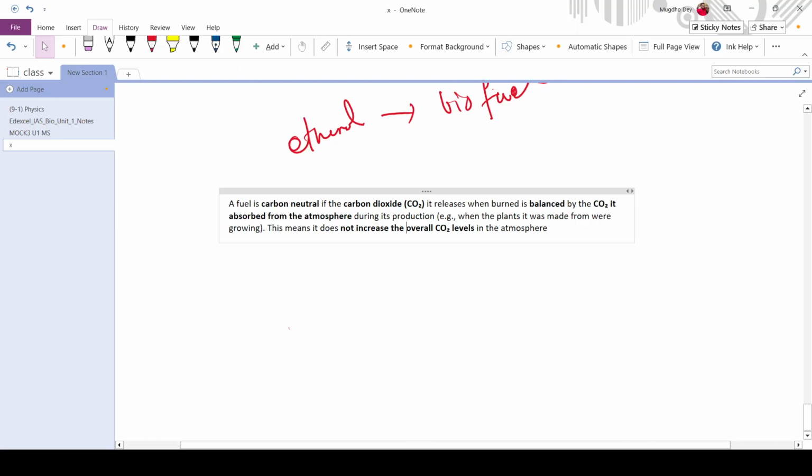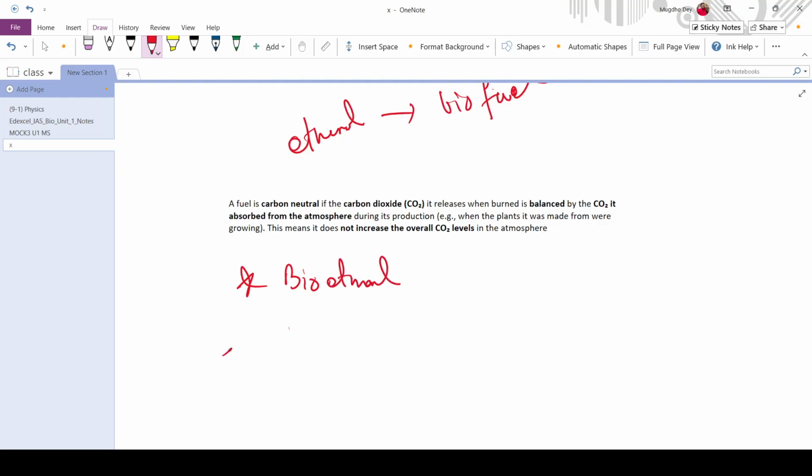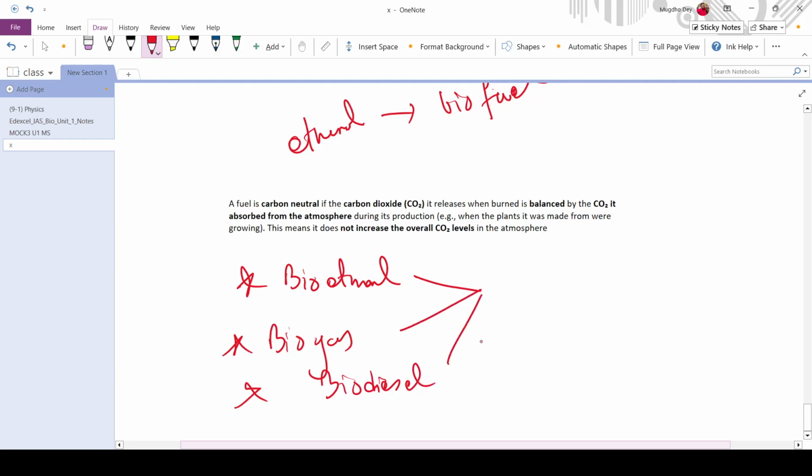So what are some examples again? Some of the examples, like I said a little while back, are ethanol or bioethanol, whatever you say. For example, things which are made from sustainable renewable sources. Say for instance, bioethanol. Then you have biogas. Then there is another example, biodiesel. These are examples of carbon neutral fuels.